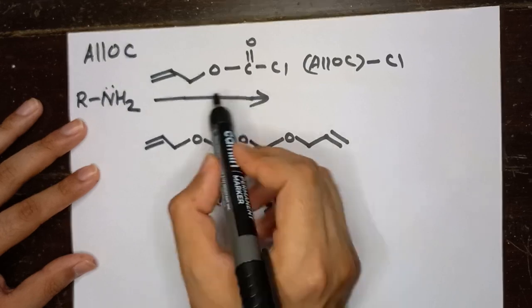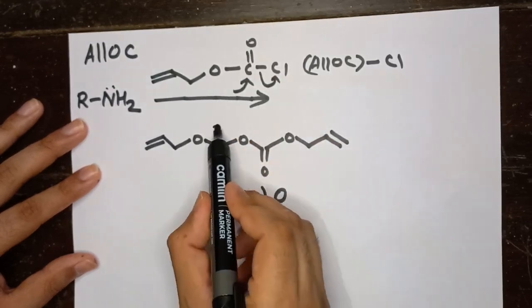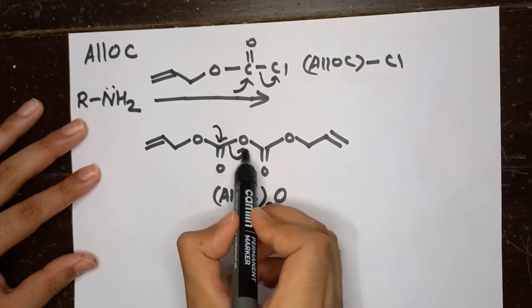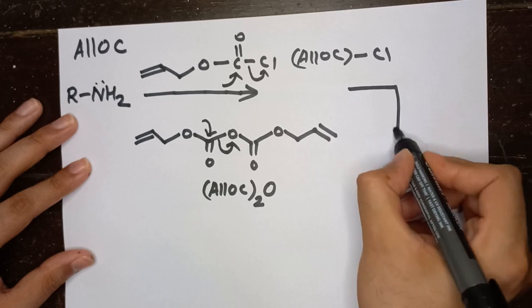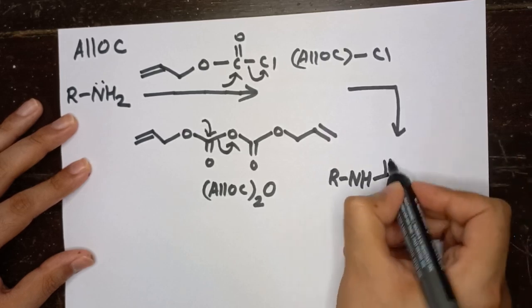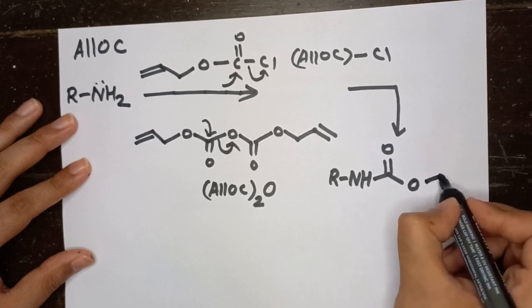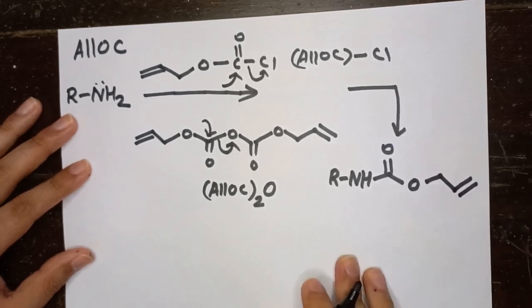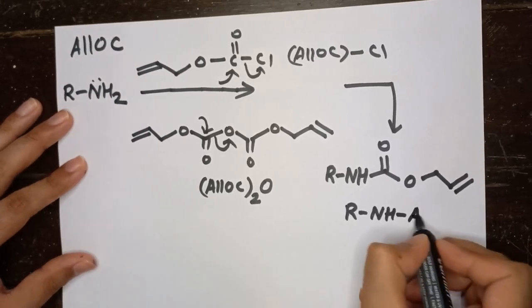This nitrogen lone pair attacks this carbonyl, Cl is going to leave. Attack at this carbonyl, this group is going to leave. And you will generate RNH, C double bond O, O, CH2, CH double bond. This is what we write as RNH alloc.